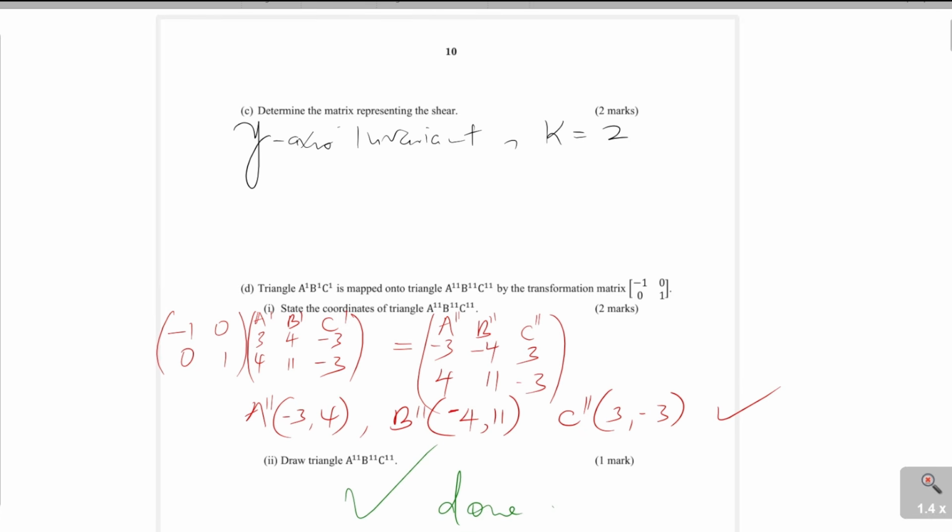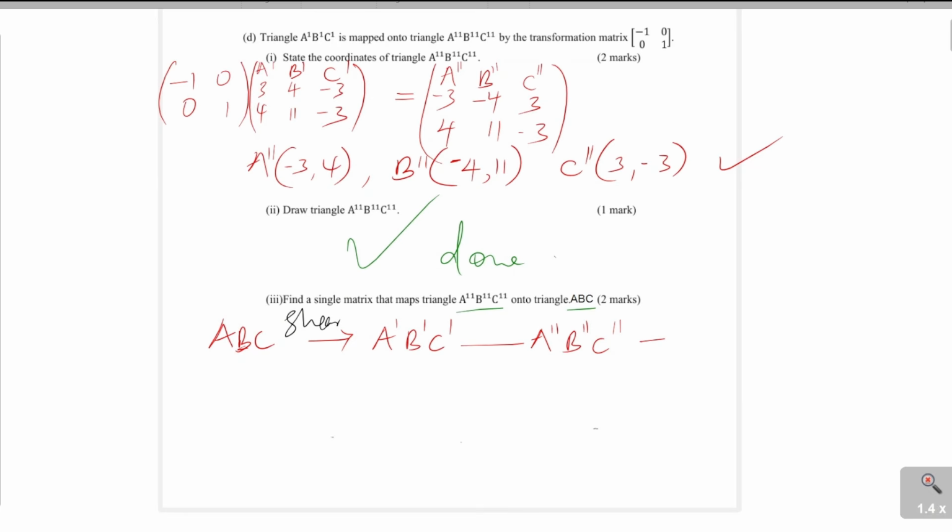So we can give this one as a matrix, and the general matrix representing shear y-axis invariant with shear factor K is given by 1 K 0 1, where K is the shear factor. So the matrix there was 1 2 0 1. So that was the matrix.